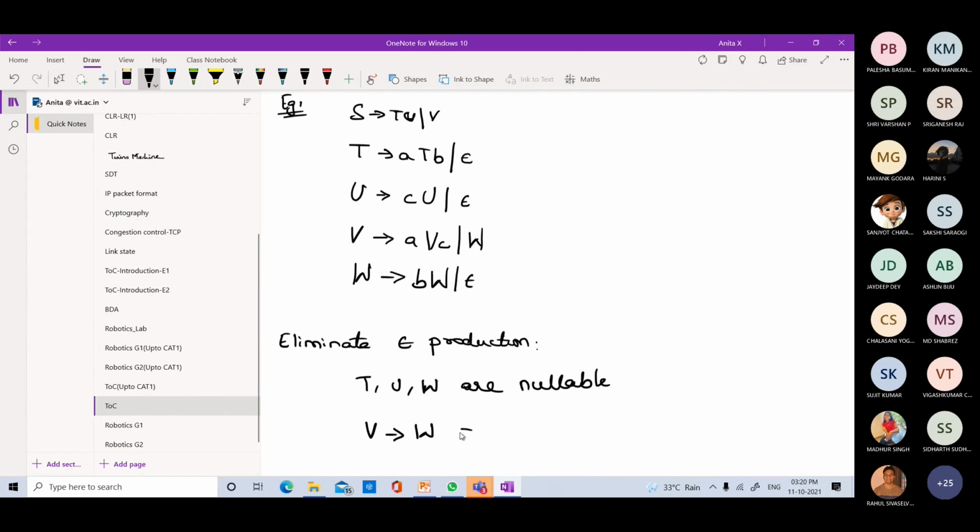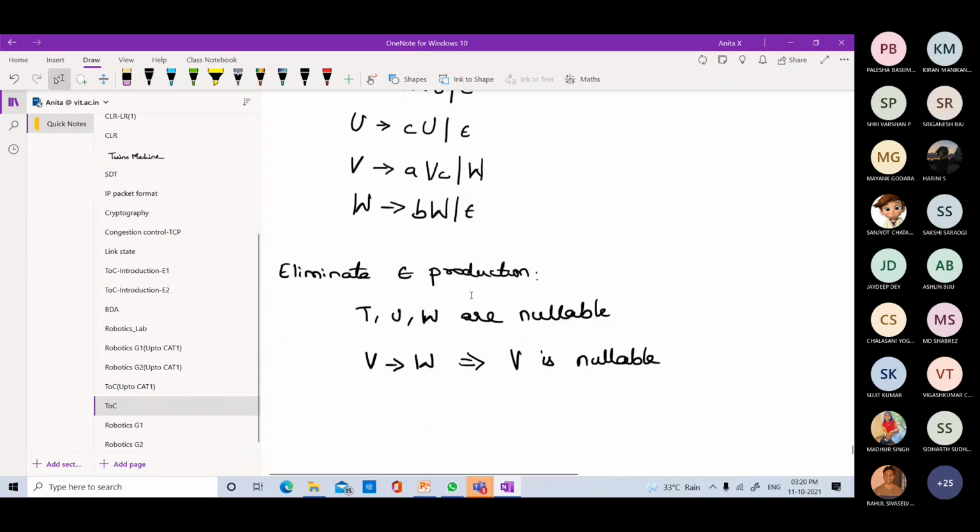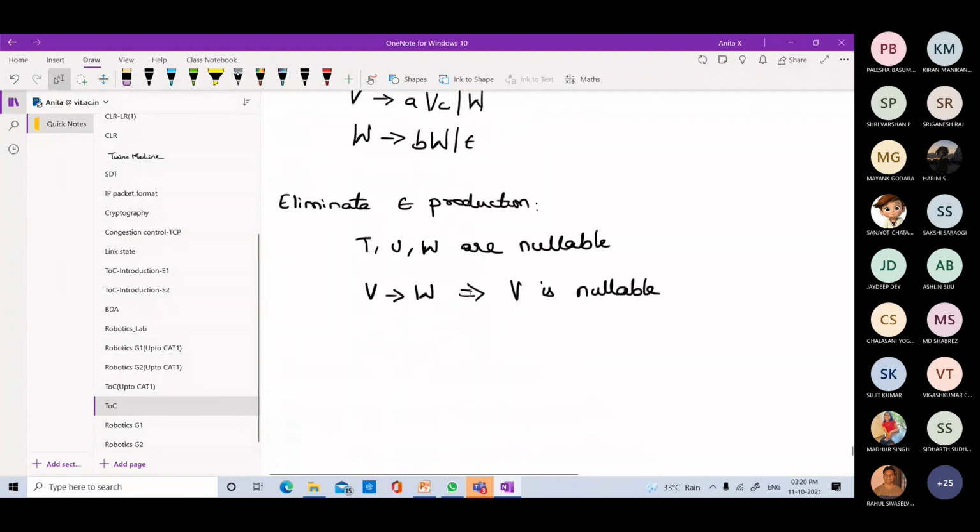Then if you see this production, B derives W, right? Because of this, you can conclude that B is nullable. The next production is S derives V, and V is nullable, so S is also nullable. Why?